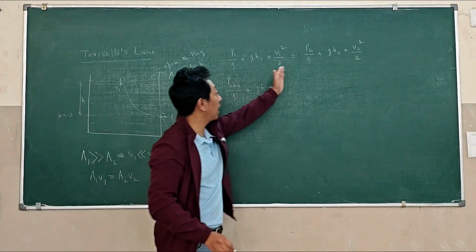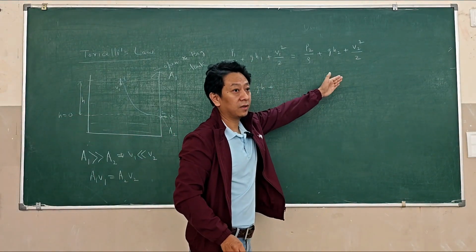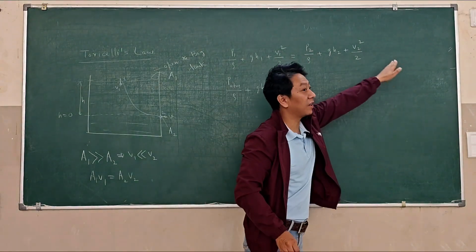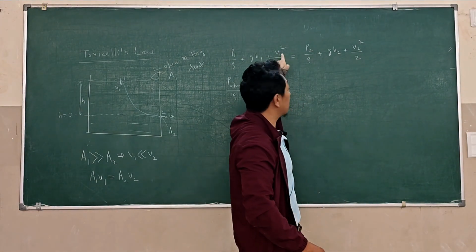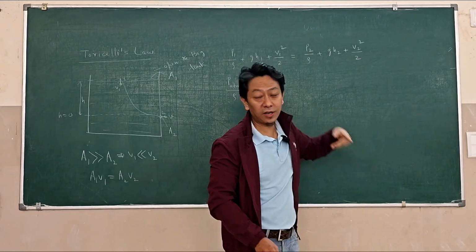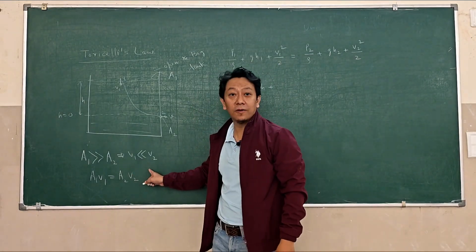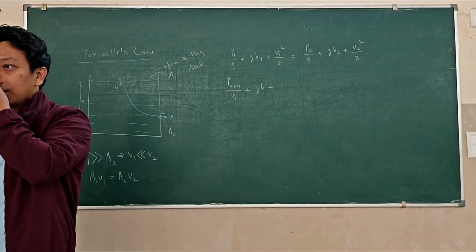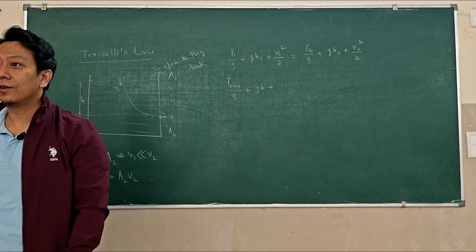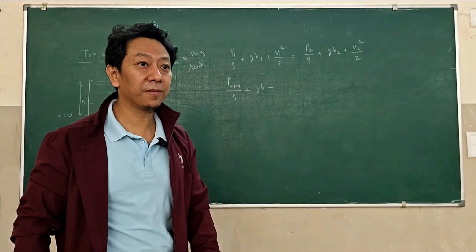If I bring that V1 square to that side, I am subtracting V2 square by 2 with V1 square by 2. Already I know V1 is very small, so V1 square will be even smaller. 2 is less than 10, 4 is even less than 100.